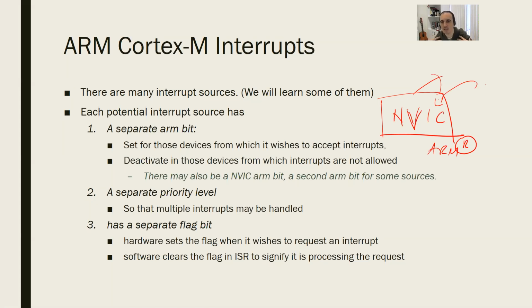I'm running a main code. And I've got many interrupt sources connected to me. For example, there are two switches, PF0 and PF4. And I'm accepting an interrupt from both of them. Okay? Or maybe some other device. Something is connected to port A, or the timer creates interrupts, or the analog to digital converter can create interrupts.